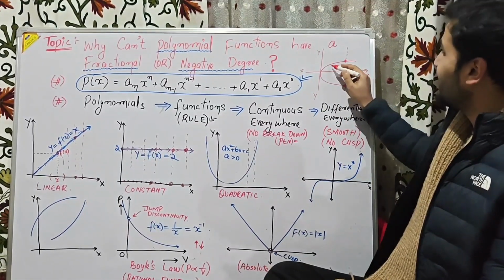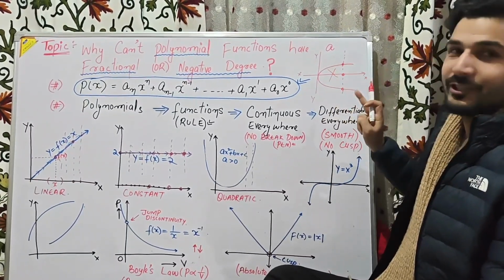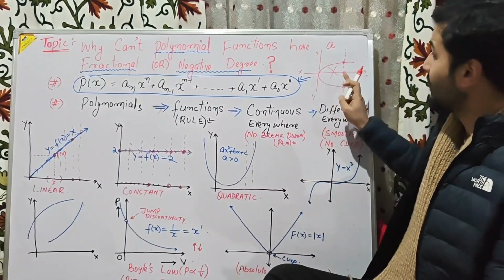So it means that this is not a function. This is not the graph of a function. This can be a relation, but it's not a function.